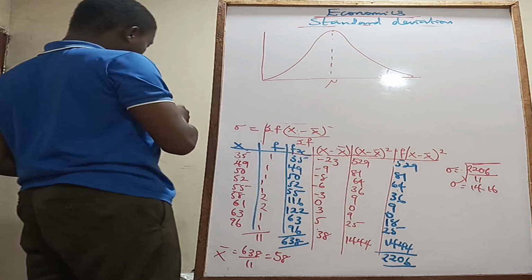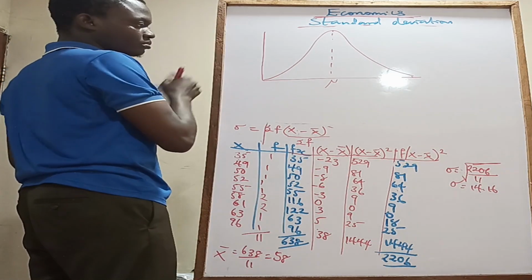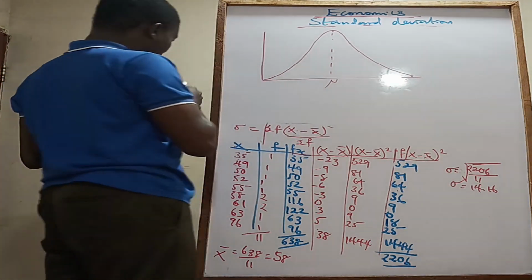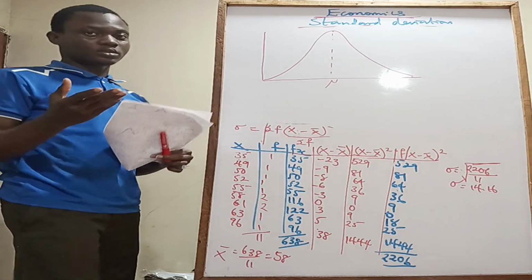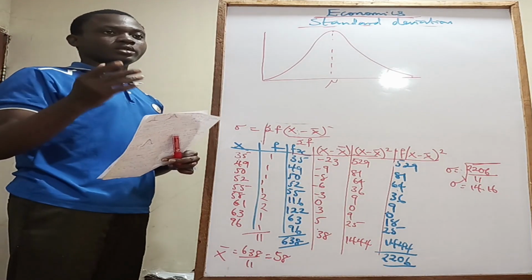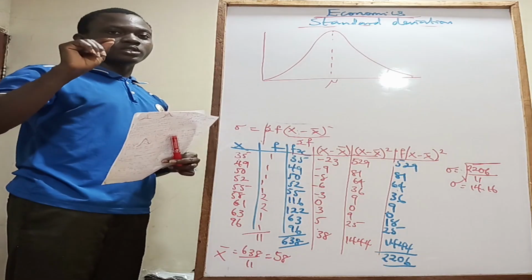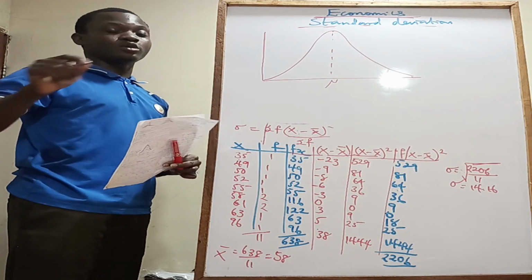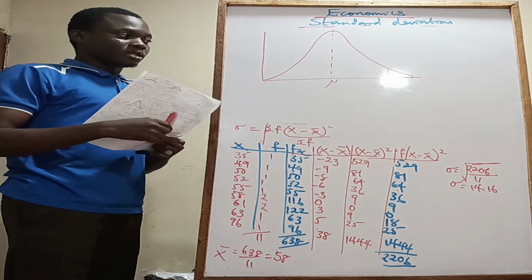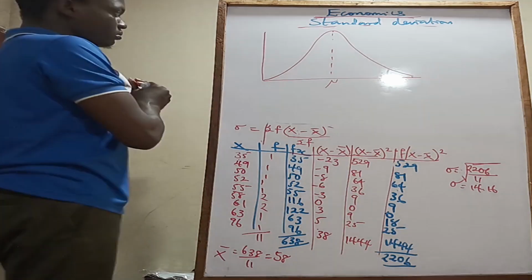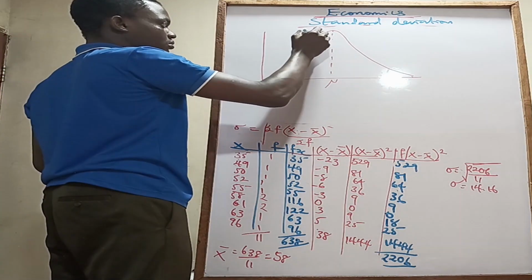Now for a normal distribution, 68% of the entire observations is going to be within one standard deviation of the mean. What does it mean?